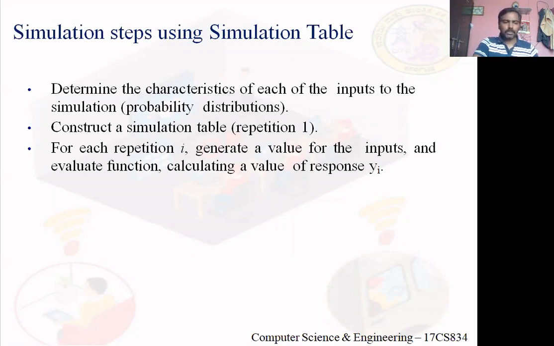So I need to have some assumption. I will simulate a bank for, say, 2 hours. In this 2-hour duration, I need to assume how many customers may arrive. Got it? And what may be the possible inter-arrival times between customers?